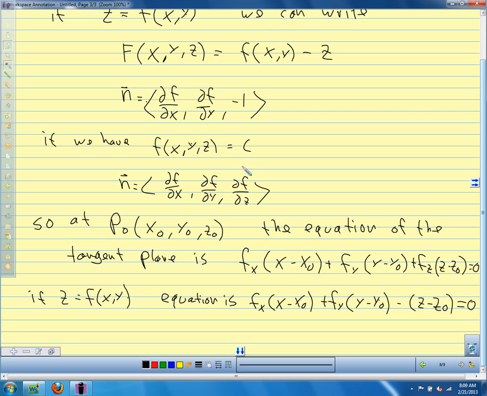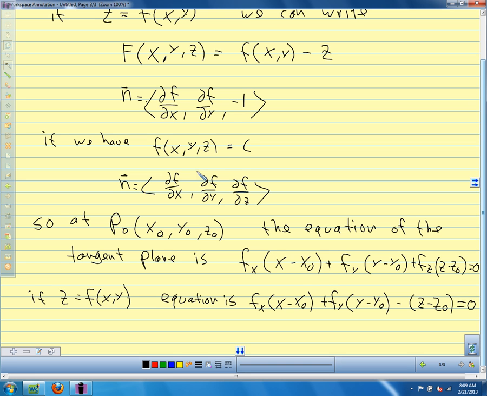Because in order for the gradient to be a normal vector, we have to have our surface represented as f of x, y, z equals a constant. In order for that analysis to work, we have to have f of x, y, z equals a constant. Because that's when we did our chain rule, the one side turned out to be 0, and that's what gave us our normal vector. Okay, that makes sense?